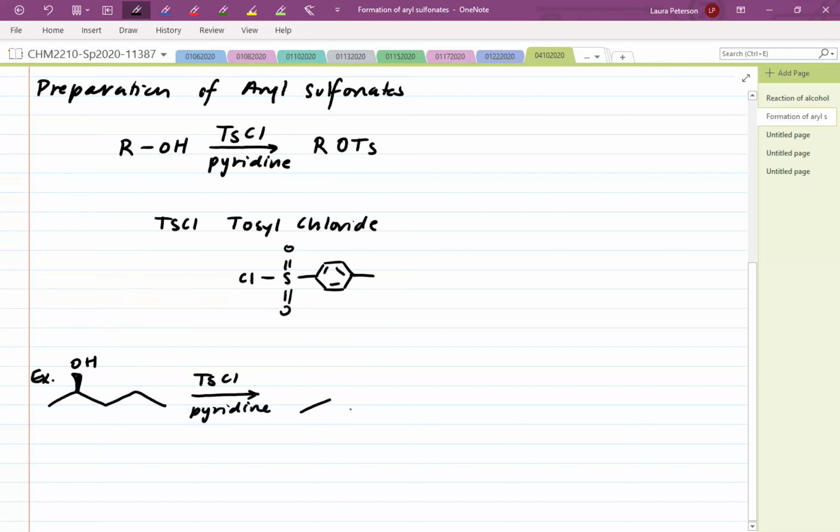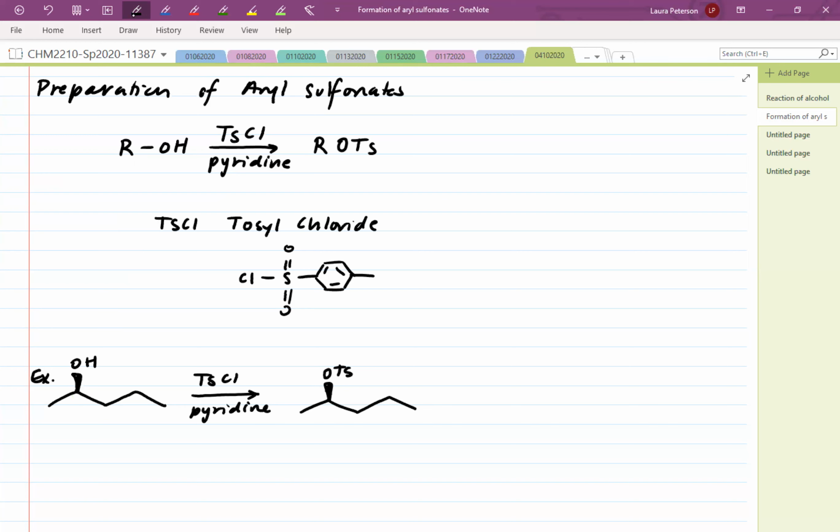Since all the chemistry is happening at the OH, we're not making or breaking any bonds to that carbon. The stereochemistry of the aryl sulfonate is the same as the alcohol stereochemistry, and now we have this good leaving group installed at this secondary position.